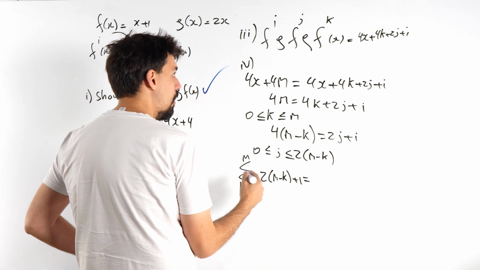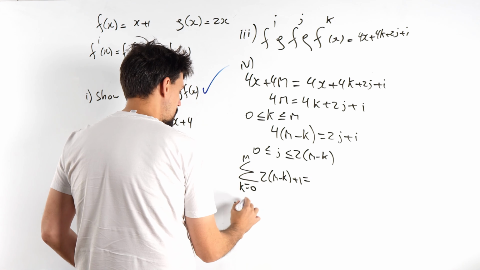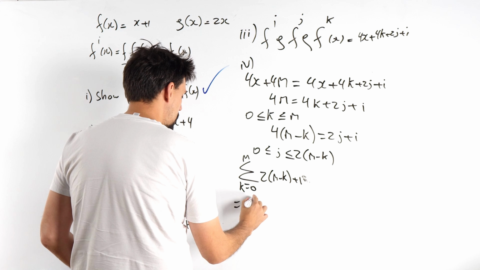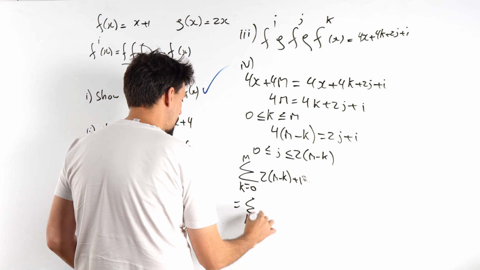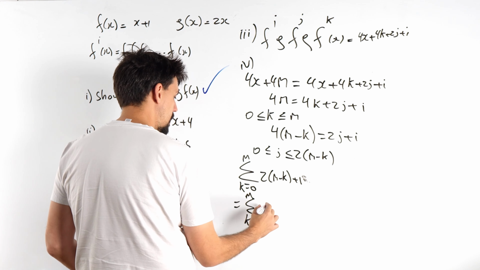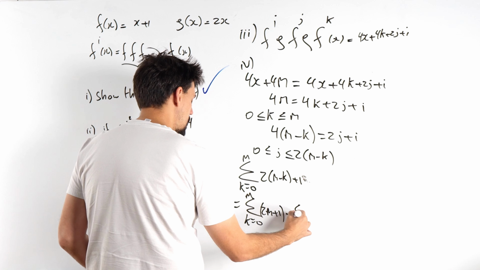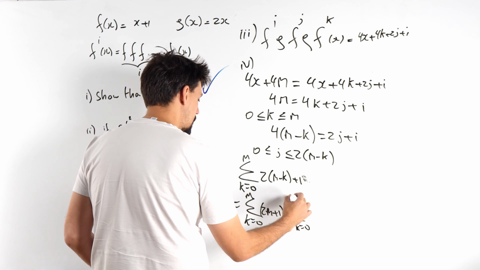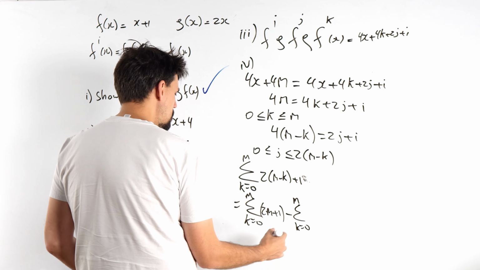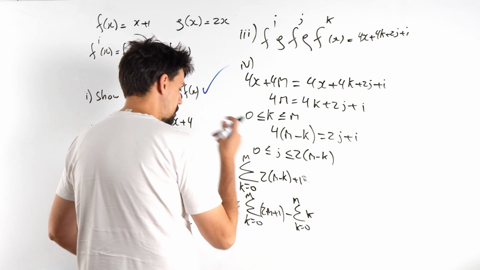Now, there are 2 sums that interest me here. I'm going to take out the one that has nothing to do with k, which is 2m plus 1. That's a sum, minus the sum k is 0 to m of k.